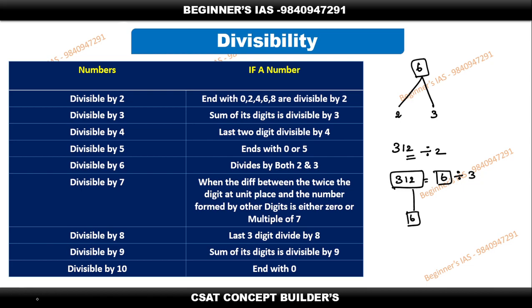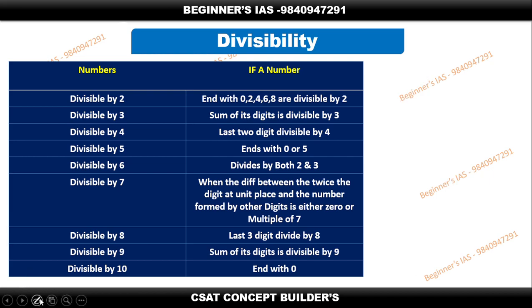Then the divisibility by 7. Yes, this is a very important concept, so learn it in an elaborated manner. When the difference between twice the digit at the unit place and the number formed by the remaining digits is either 0 or a multiple of 7, then the given number is divisible by 7.